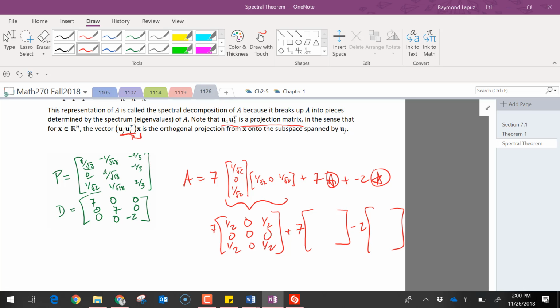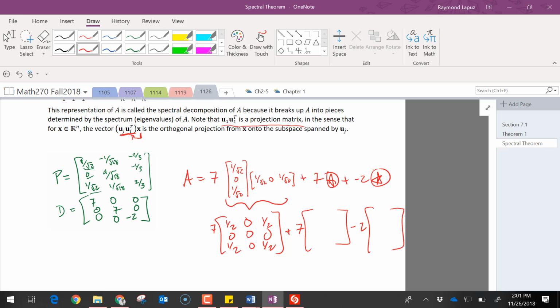And if you add all this up, it should add up to the original matrix. So we had the simple decompositions: we decomposed our matrix into an LU decomposition, and then we got a little more complicated with a QR decomposition. Now we have a spectral decomposition.